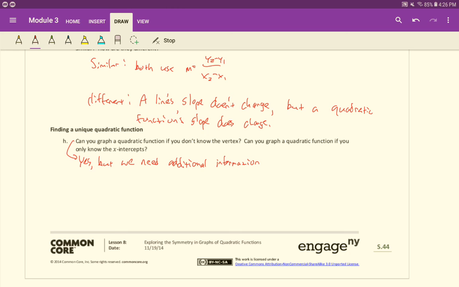Okay, can you graph a quadratic function if you only know the x-intercepts? The answer to this one is actually no, because we don't know if the graph is stretched or not.